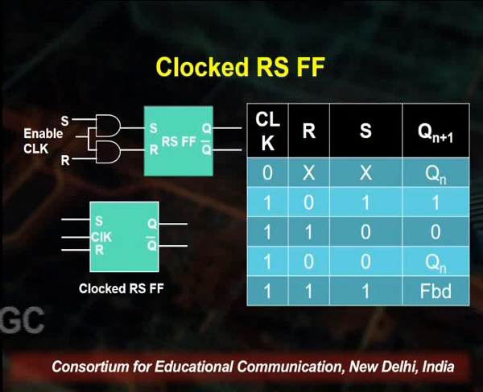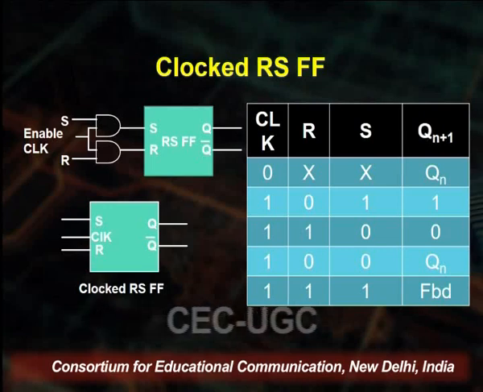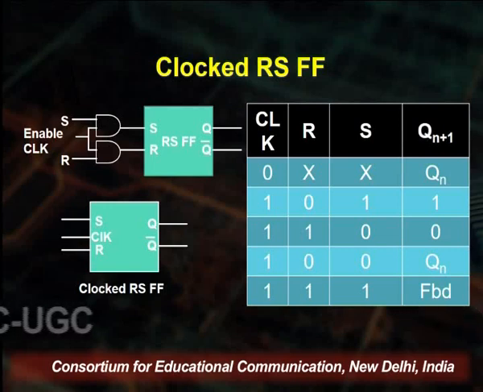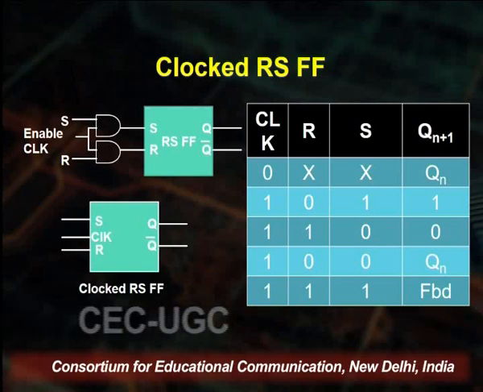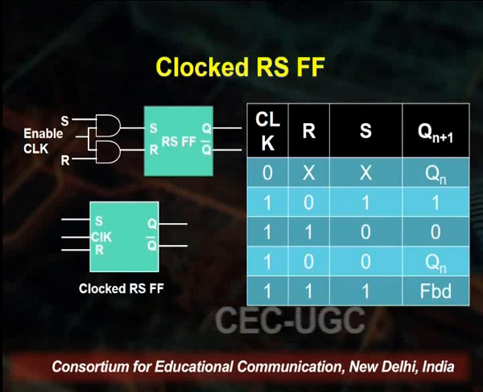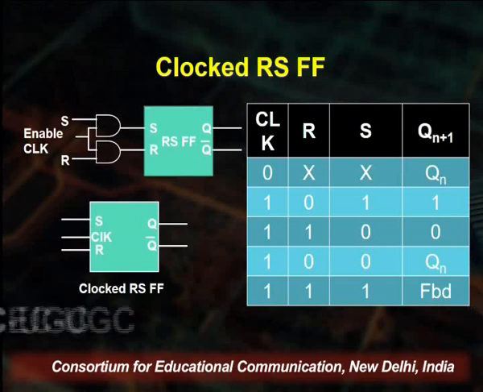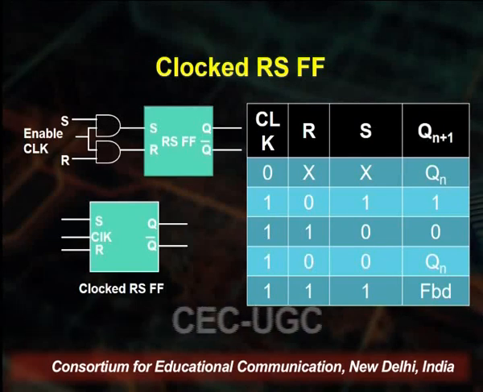So till the time clock is 0, R and S can be XX, and Qn plus 1 will be the last state, that is Qn. The moment clock goes 1, then all the four combinations of S and R are allowed to pass, and the flip-flop behaves as defined in the earlier truth table.